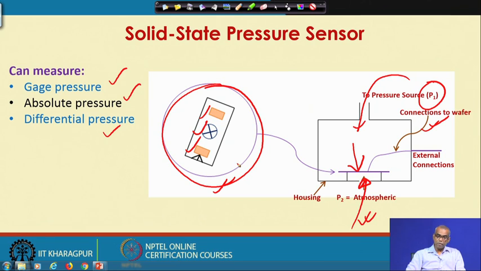This deflection is sensed by the strain gauge grown on the wafer and the corresponding electrical output is noted. If this pressure is atmospheric pressure, we are measuring gauge pressure. If this is sealed and completely evacuated, we are measuring absolute pressure. So, you can measure gauge pressure, absolute pressure, differential pressure. For differential pressure, these two pressures are different.